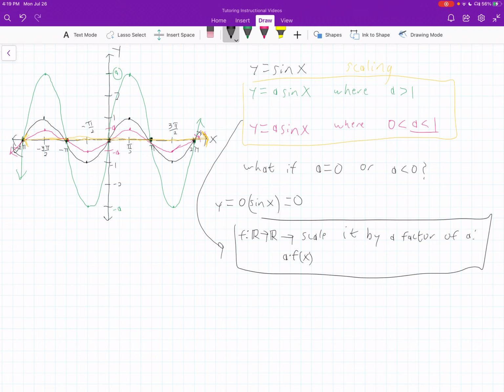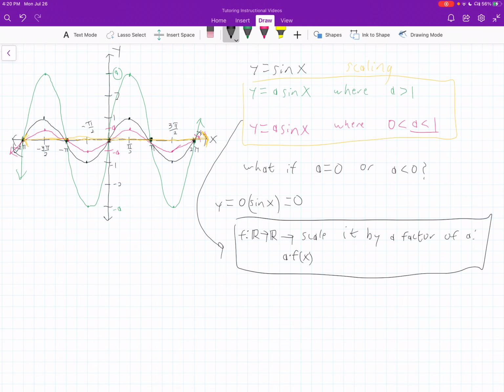This will work for any function mapping R to R. It will also work in some other cases. I'm not going to get into that for the purposes of these videos. Basically almost any, certainly any continuous function, or you can just think of R to R.